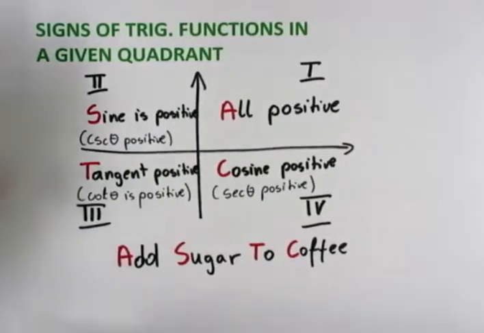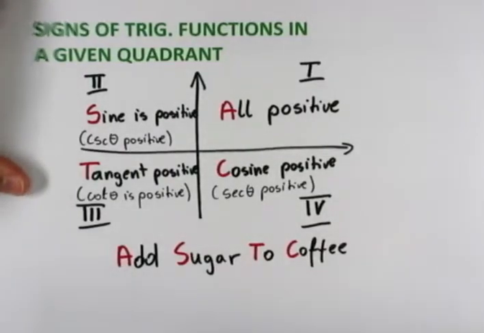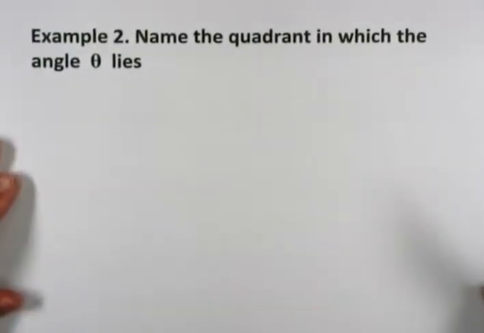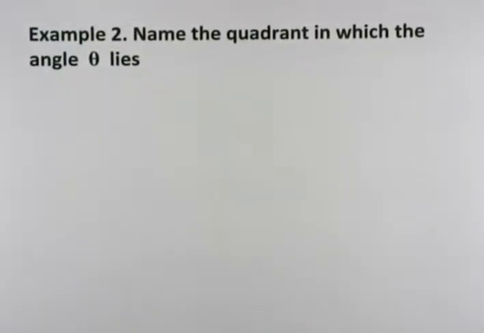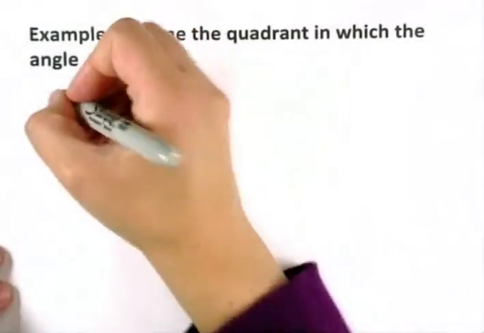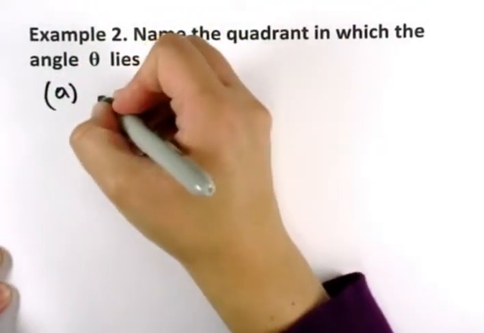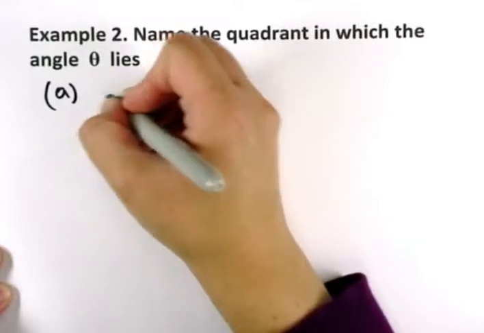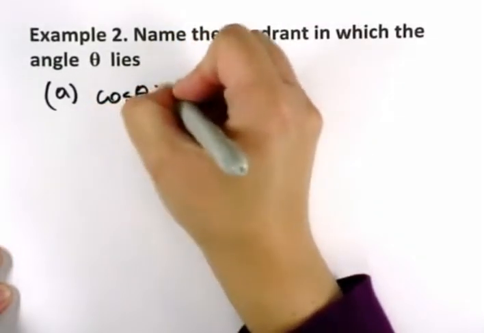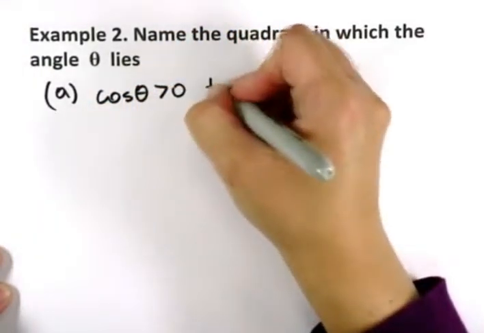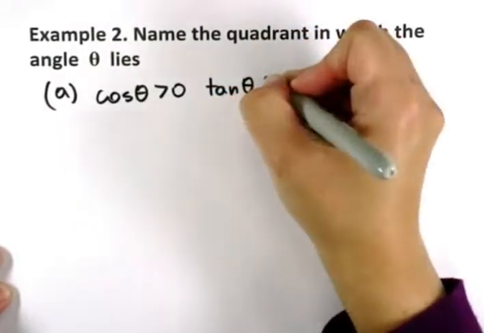So here is example 1. Name the quadrant in which theta lies, if we are given information A: cos theta is greater than 0 and tangent theta is greater than 0.